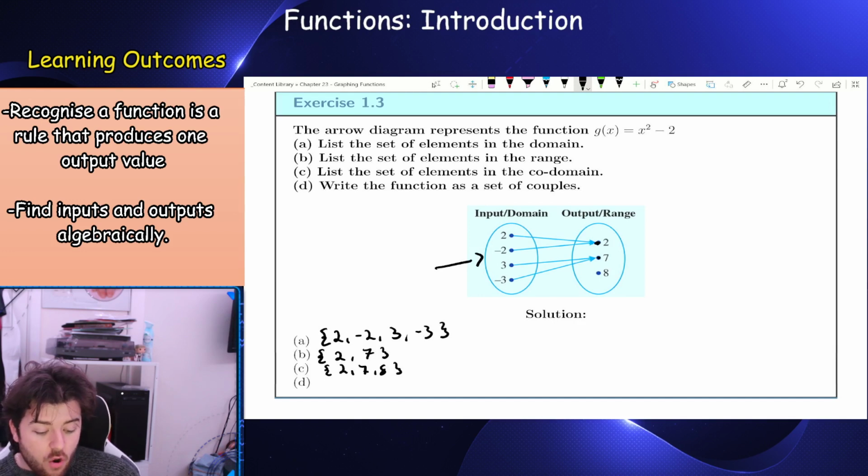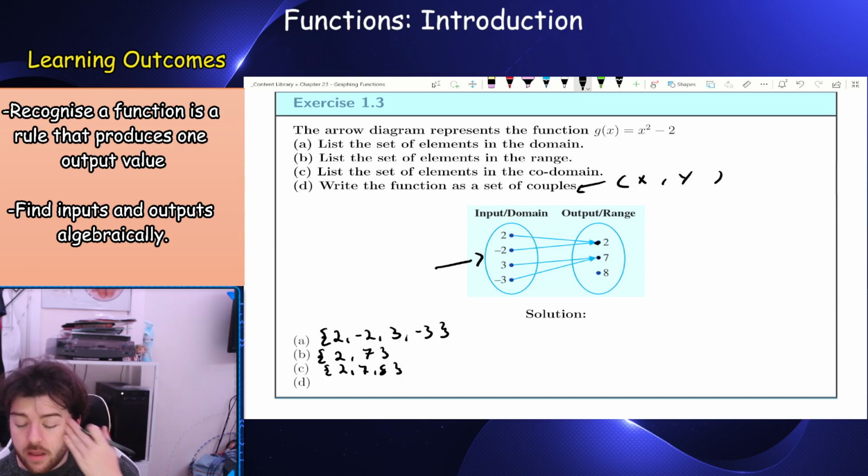And then finally, write the function down as a set of couples. So a couple is just a coordinate point, basically, right, of my input and my output, right? So x and y, right? So, for example here, 2 maps to 2, so therefore my couple is 2, 2.